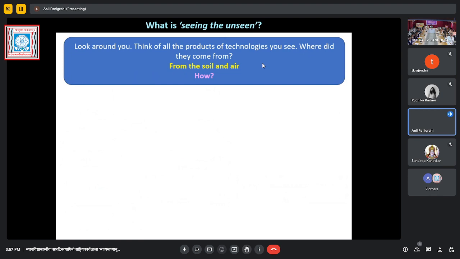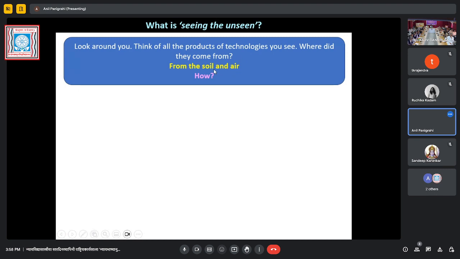You have your beautiful clothes also, shoes. Now, where did all those come from? If you look back, and back, you will notice that any technology, any product that we have came from the soil and air.